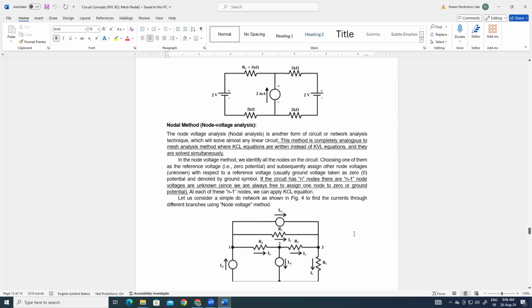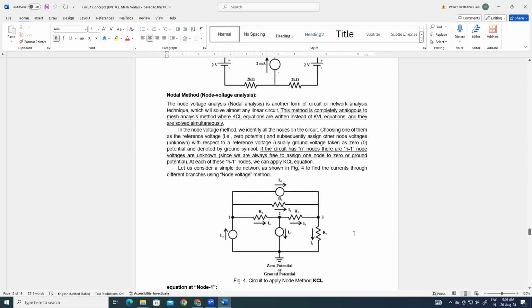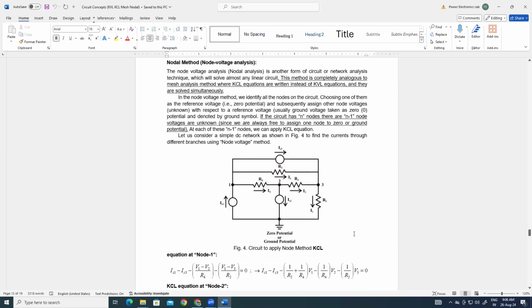Next, the nodal method. In the nodal method, or node voltage analysis, we have to identify the number of nodes in a circuit, and one node we assume as a reference node, where the potential will be zero or where ground will be connected. As I told in the previous class also, generally the bottom side node of the circuit is taken as the reference node.